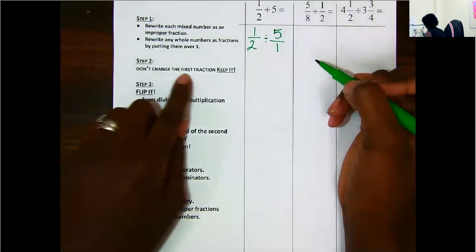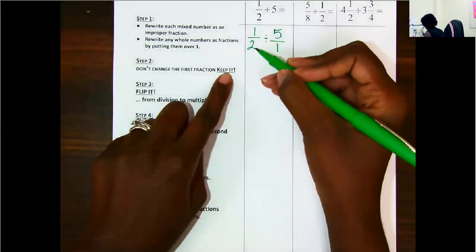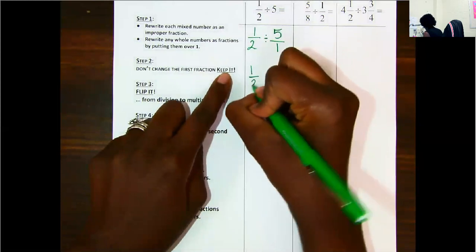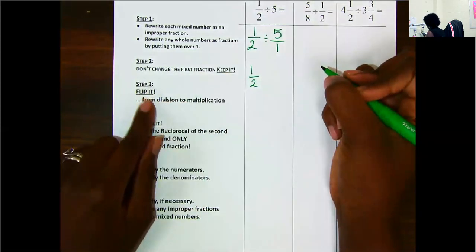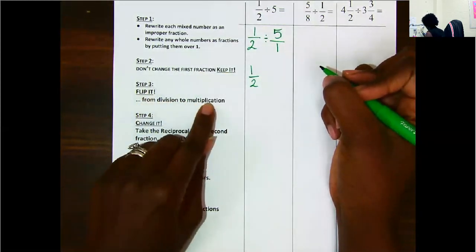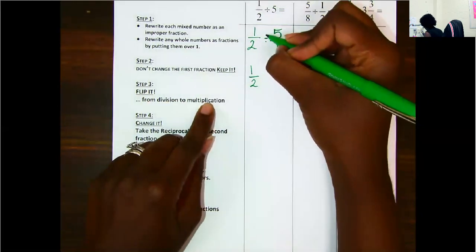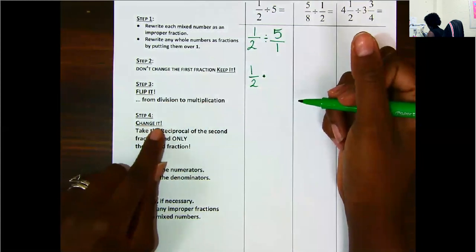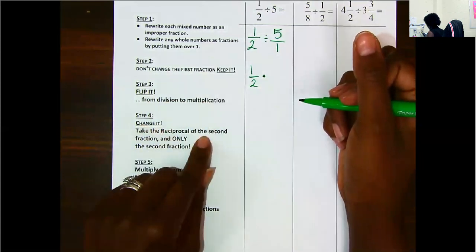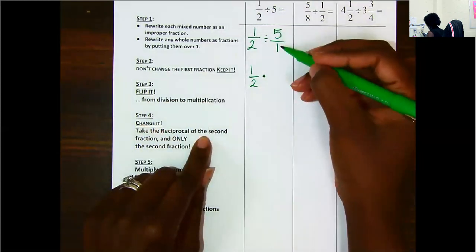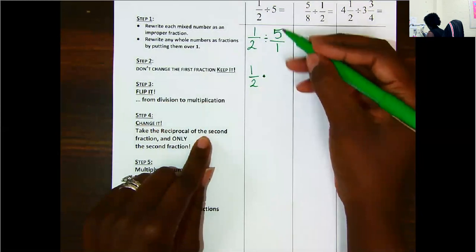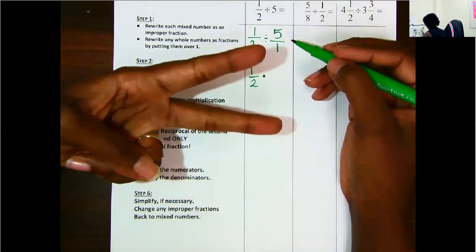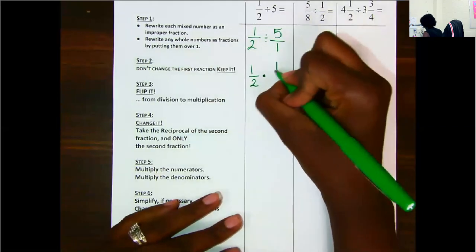Step 2, don't change the first fraction. Keep it. We're going to keep the first one. Step 3, flip it from division to multiplication. So I'm changing from division to multiplication. Step 4, change it. Take the reciprocal of the second fraction and only the second fraction. So remember, reciprocal means to change. So I'm going to now have 1/5.